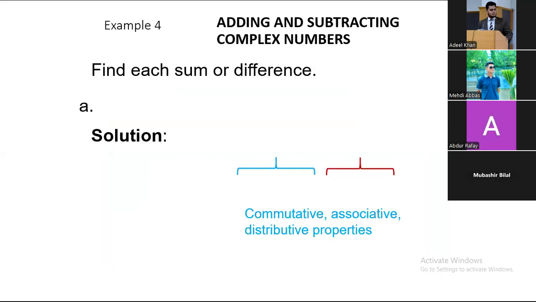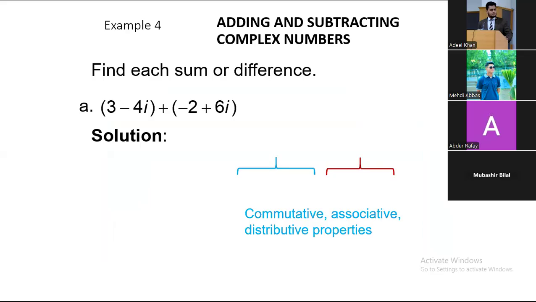Continuation of addition and subtraction of complex number over here, you can see that we have the first factor 3 minus 4 iota plus the second factor minus 2 plus 6 iota.